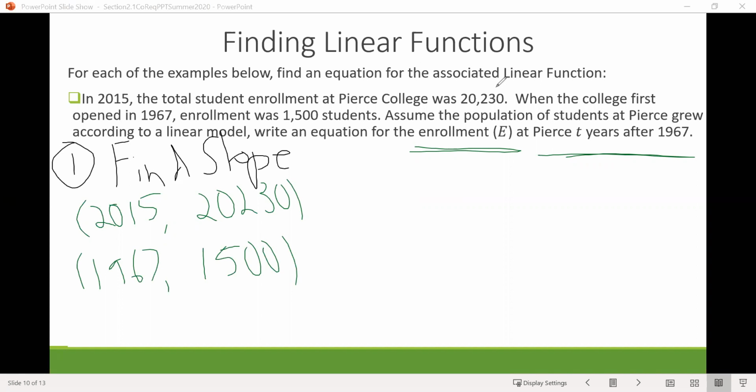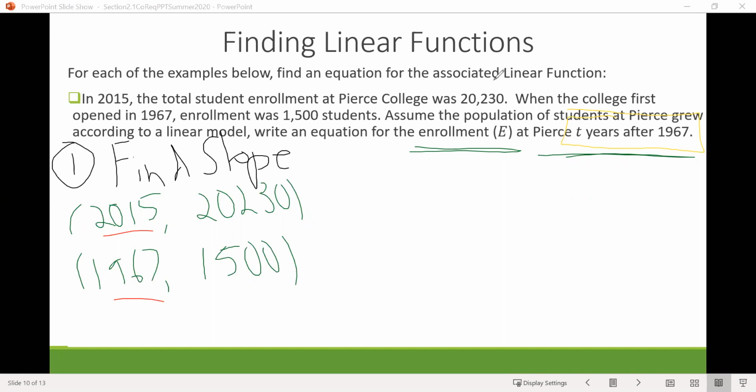However, before we find our slope, let's notice one other thing. For the years here, the values for T are going to be years after 1967. So in our points, rather than using the actual years, 2015 and 1967, we actually want to use the years after 1967 that each of those are.